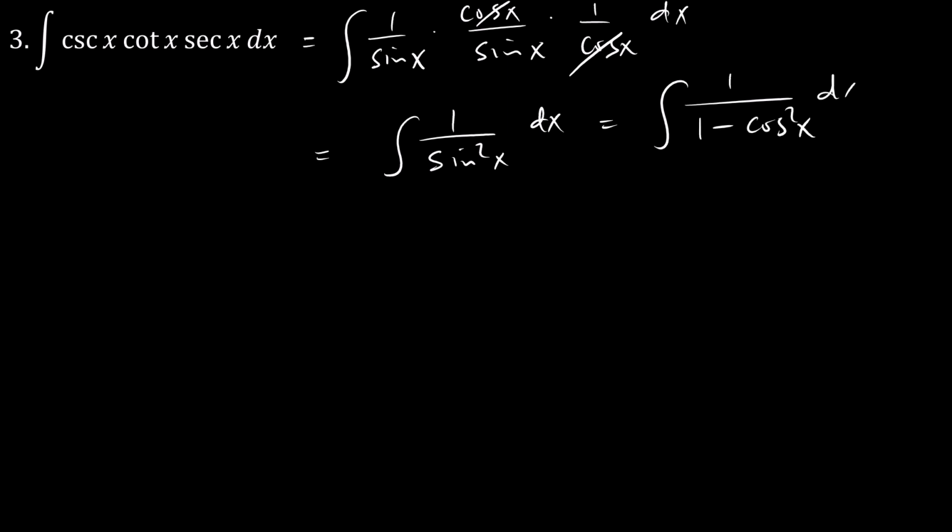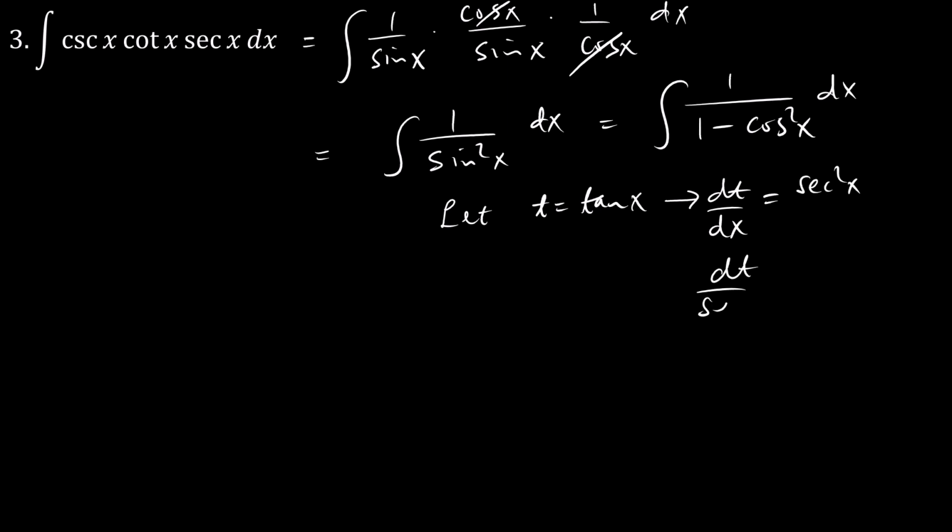Probably don't need to do that much, but if I say let t be equal to tangent of x, what happens there is that dt/dx is equal to sec squared of x, and so dt over sec squared of x is equal to dx. This is the same as 1 plus tangent squared x, so dx is equal to dt over 1 plus t squared.